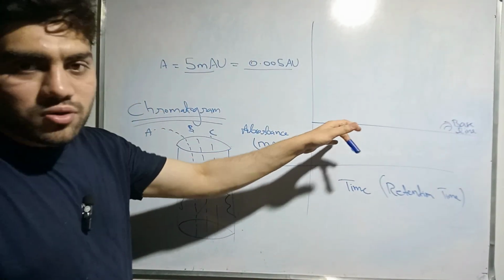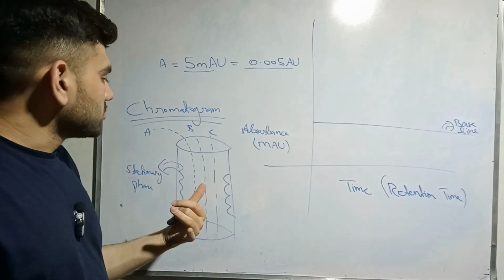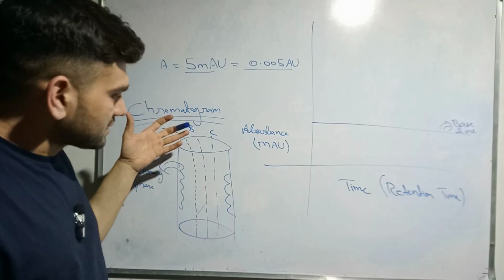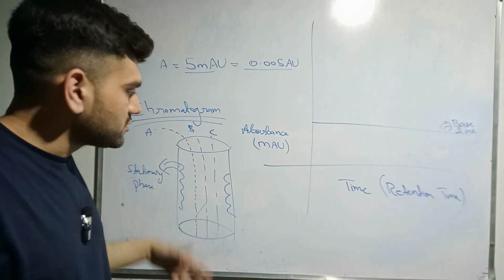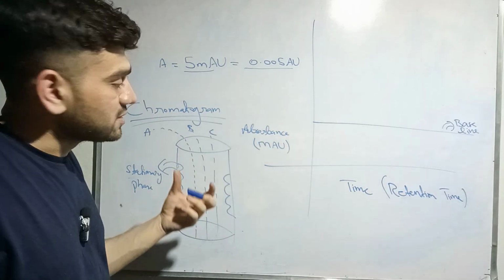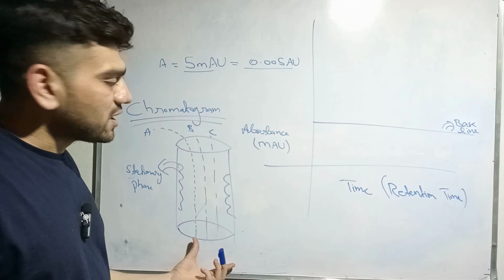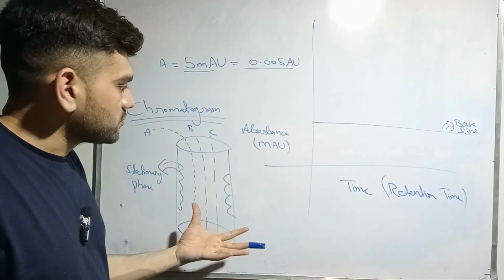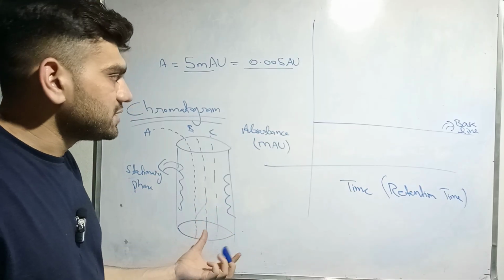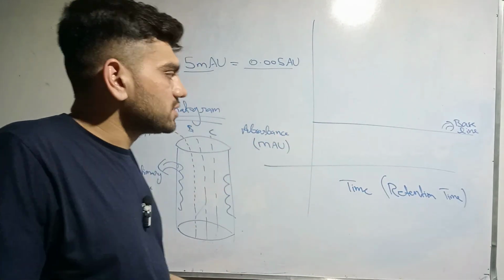The baseline also has some value even at the start, because before we run the sample through the HPLC column, we first pass the mobile phase through this column. As we know, the mobile phase also has some absorbance, it can absorb light, so it shows some absorbance at the start even.